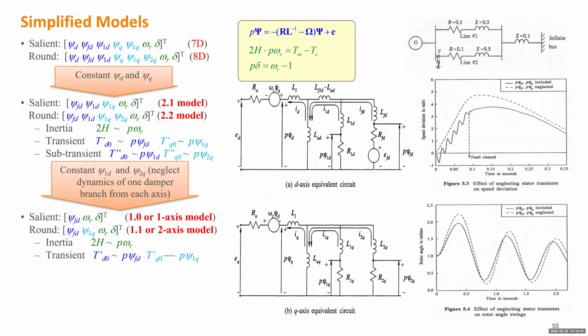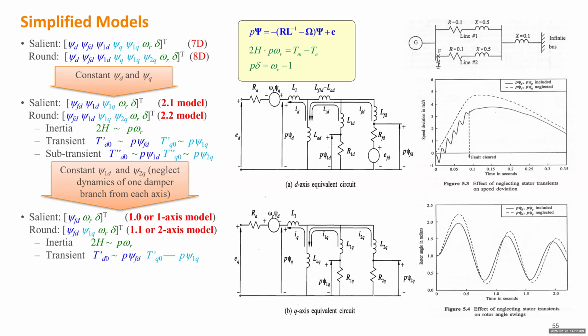So the third order model may be good if you want to write a paper to present to control people from outside. This is good enough. But unfortunately, in reality, most generators are round rotor generators. You definitely need to consider the 1.1 model, the two-axis model. The two-axis model is a very popular model for power system people if you don't want to bother studying the 2.2 model.